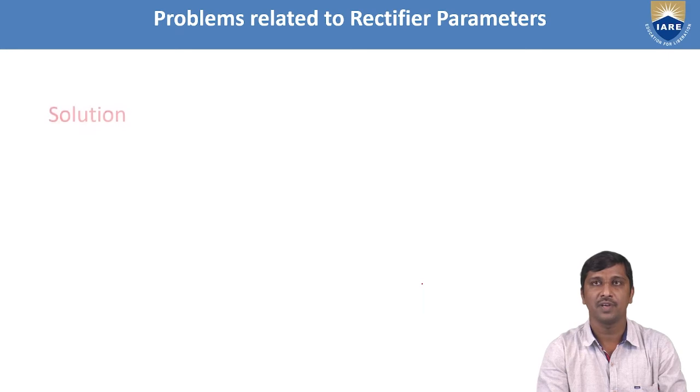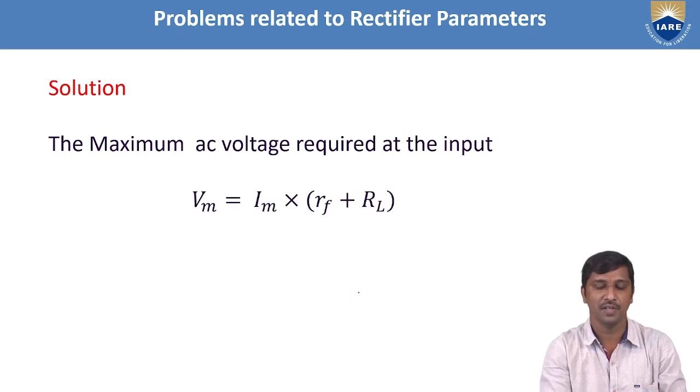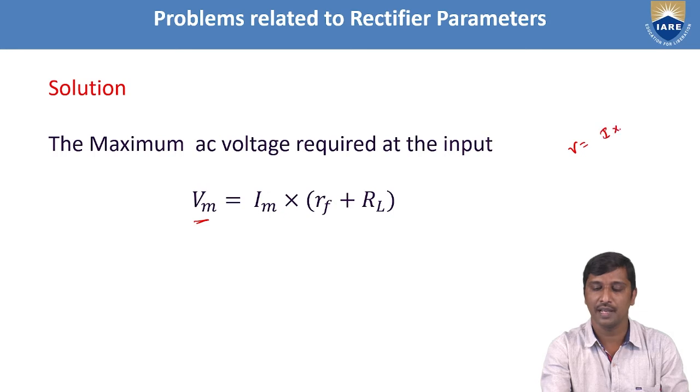From this, now we are going to calculate how much voltage is required at the input side, so we require VM. Generally V is the product of current and resistance. Here we are going to calculate the maximum voltage required at the input side, that is the peak voltage.